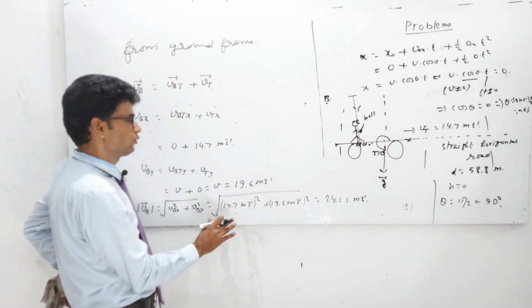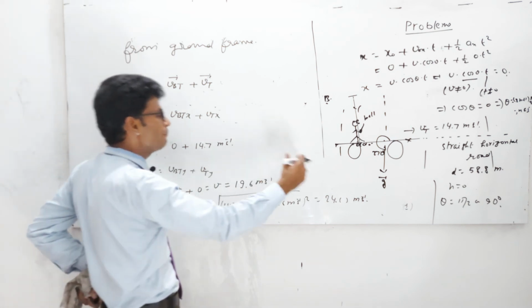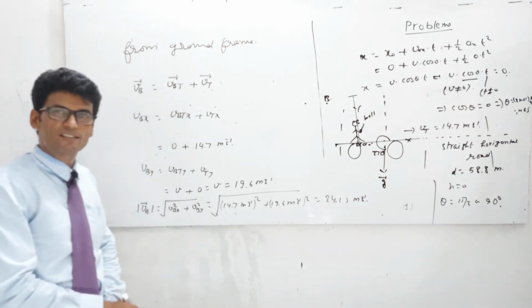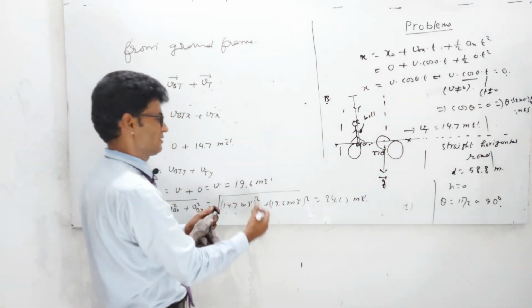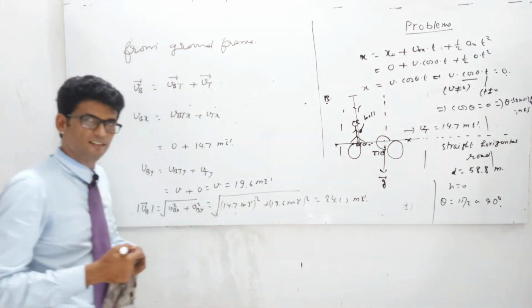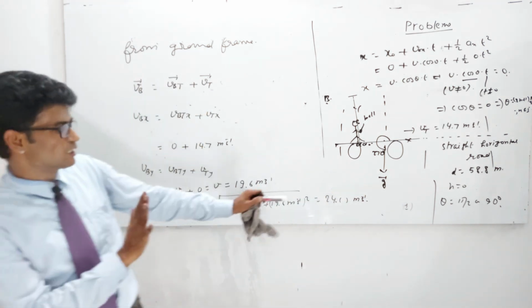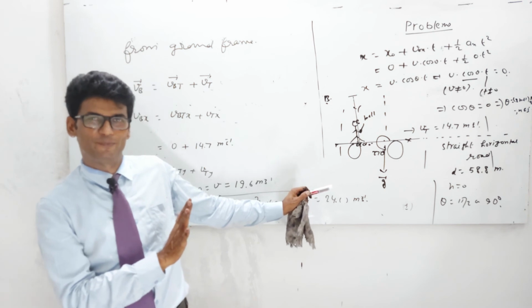If it were like that, the answer would have been 25 meter per second. But it is a little bit less, so 24 point something. You do the proper calculation and find the decimal point, it is up to you.